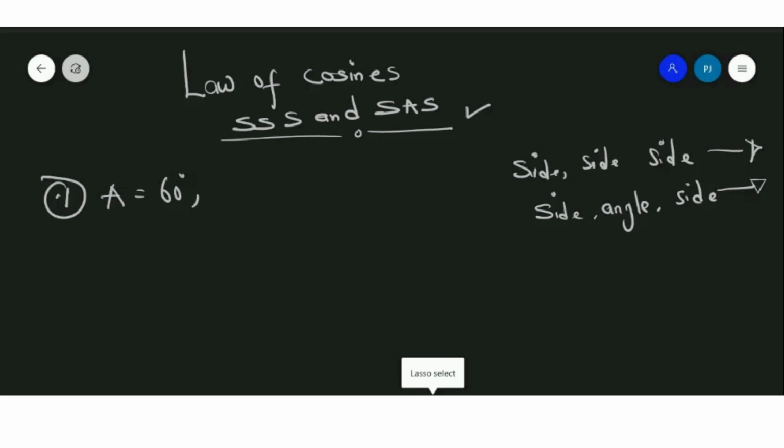I'm going to apply the first postulate, side, side, side, where small letter a is equal to 10, and then I have my b, which is equal to 20, and then I have my C, which is equal to 60 degrees. So big C is equal to 60 degrees. This is the postulate that I'm going to try.